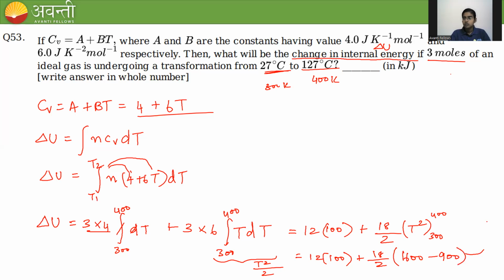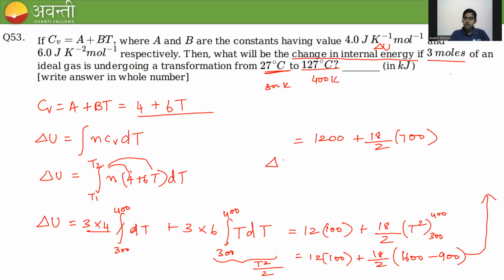Okay, so let me write here. It will be equal to 12 into 100 is 1200 plus 18 by 2 into 1600 minus 900, which is going to be 700. Okay.